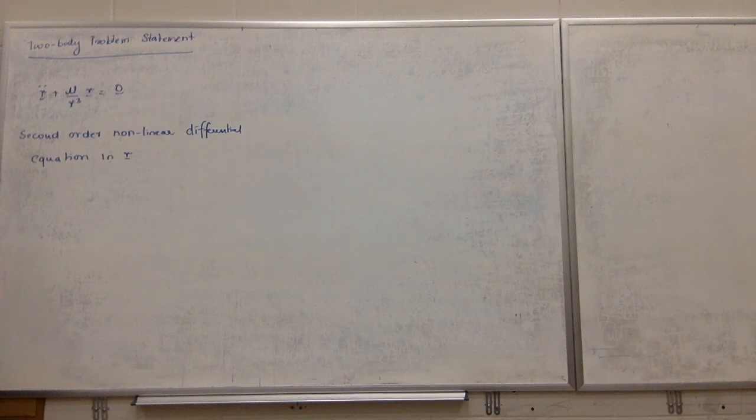Second order, why second order? Second derivative, right? Second derivative in R. That's very critical. Non-linear because you see this makes it non-linear.